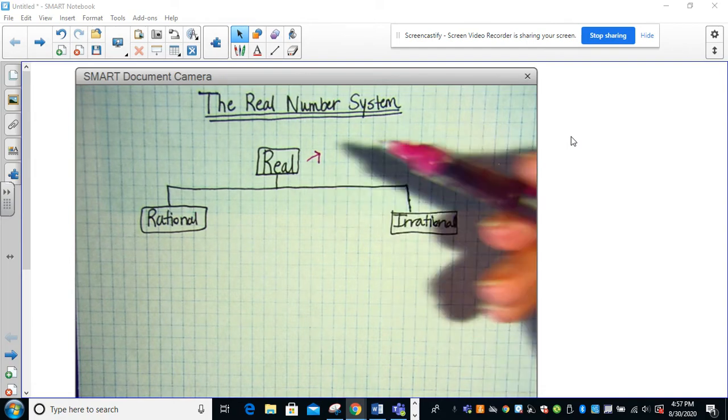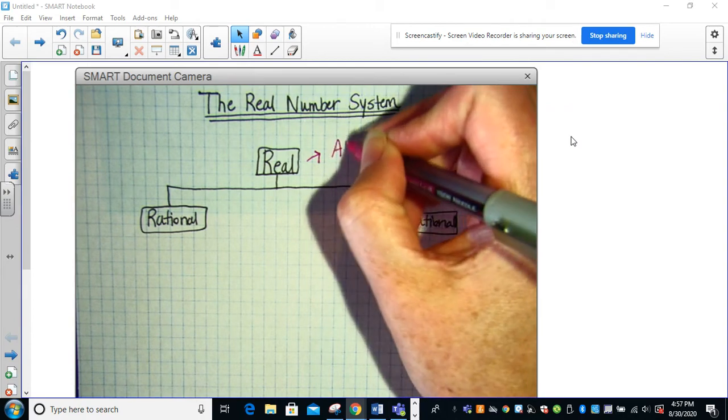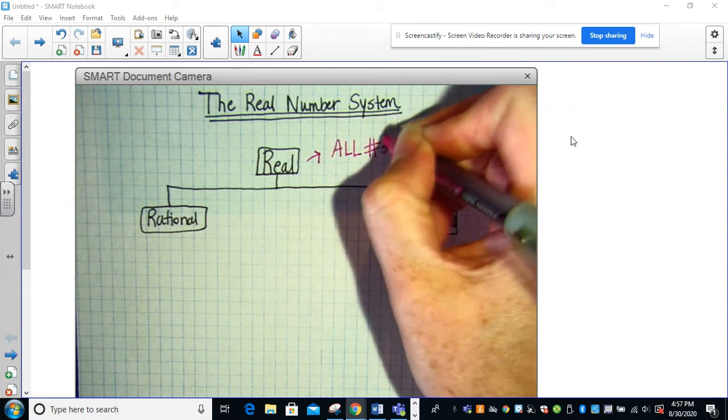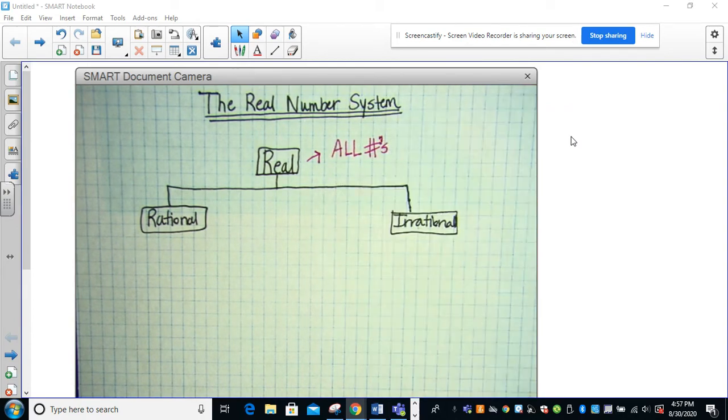But for real at the top, that's why it's at the top, that is all numbers. So when I say all numbers, I mean positives, negatives, fractions, decimals, square roots, perfect square roots, non-perfect square roots. Any number that you can think of, it is real.